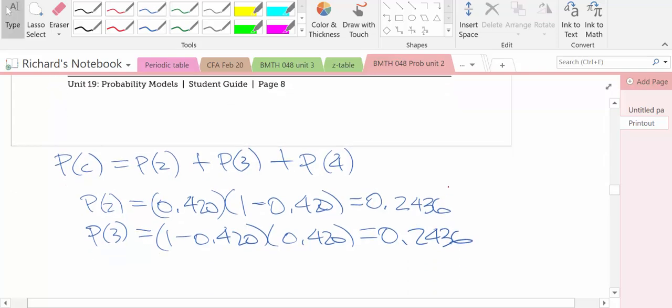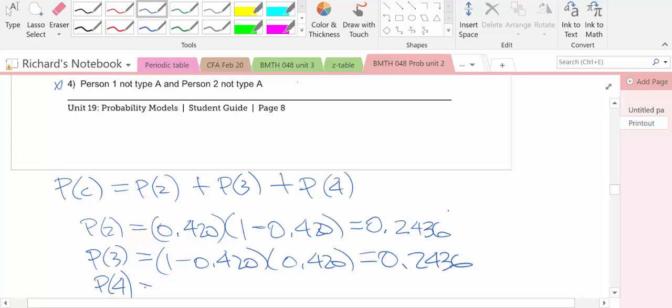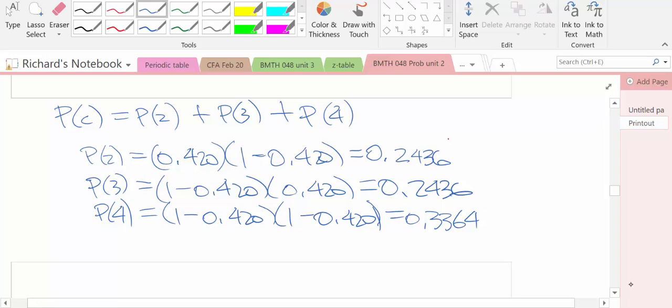Now, event 4 is the probability that person 1 is not type A and person 2 is not type A. So that will be 1 minus 0.420 times 1 minus 0.420, and I obtain 0.3364.